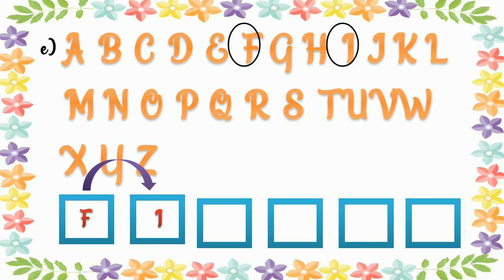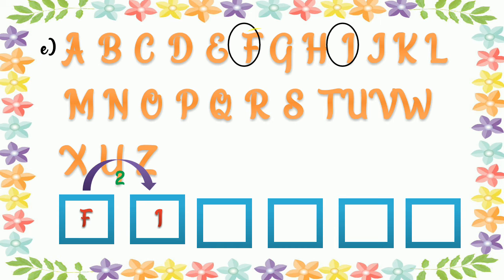So in this question, we leave two letters, a two letter gap. So which is the next answer? In this alphabet, we have a two letter gap. So which is the next answer?